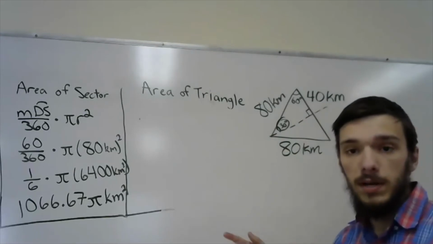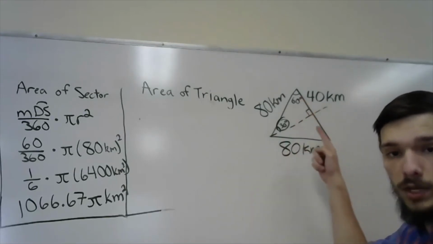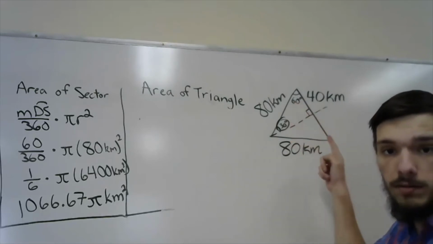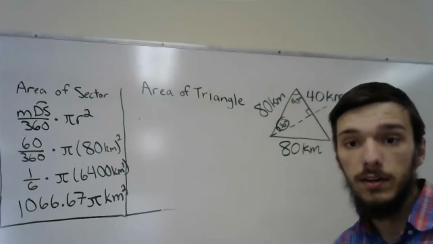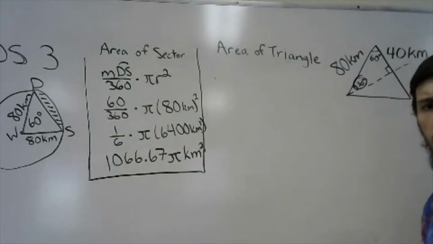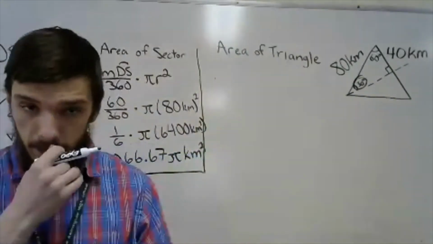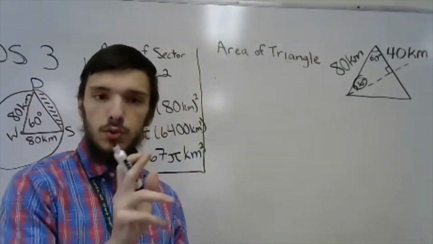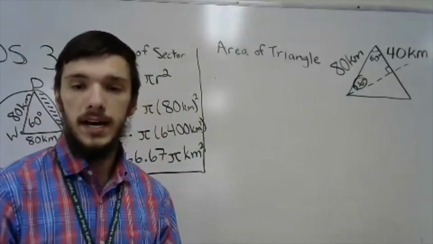In most of your problems, you will probably have to figure out using trigonometry what the length of this side or both halves of these sides are. Now we're going to use the formula that we came up with 2 lessons ago to find the area of a triangle that we don't know the height.